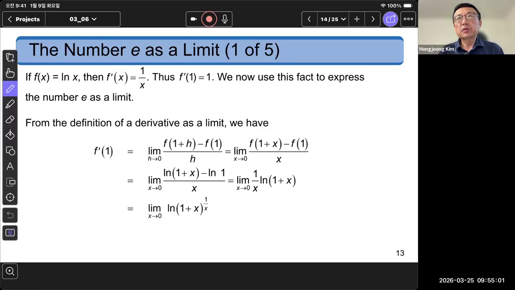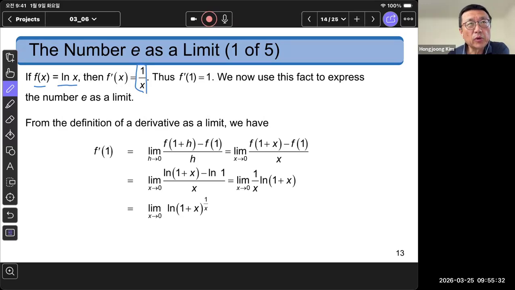Before we consider the derivative of the arcsine or arccosine, let us consider the following expression. Suppose that f of x is defined with the natural logarithmic function. Then, as we observed, f prime of x will be 1 over x.